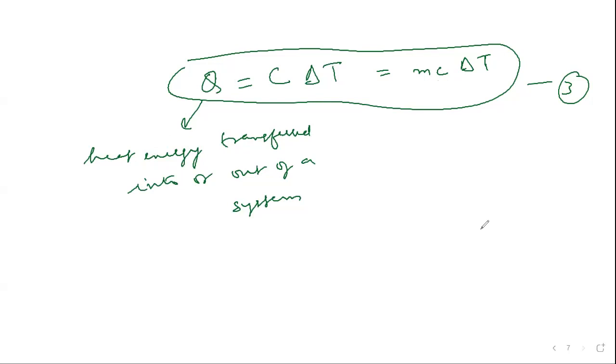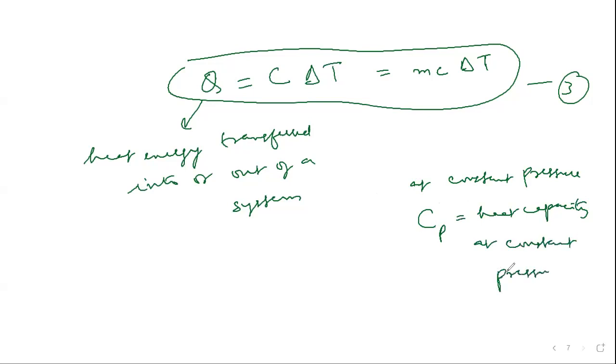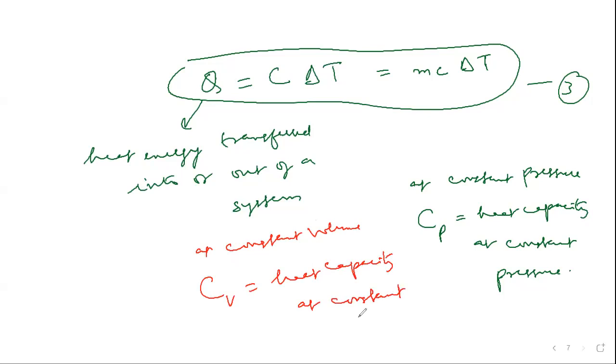Now, there's another idea. We can heat a system under different conditions. If we heat a system at constant pressure, we talk of Cp, this heat capacity at constant pressure, C subscript P. If we heat the system at constant volume, that means keeping its volume fixed, we talk of Cv, that is heat capacity at constant volume, right?